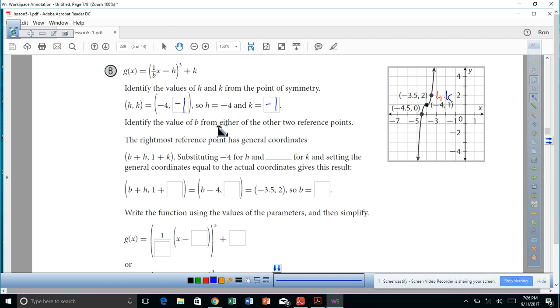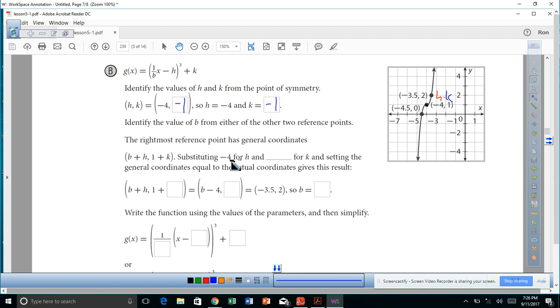Identify the value of b from either of the other two reference points. The rightmost reference point has general coordinates b plus h and 1 plus k, right?